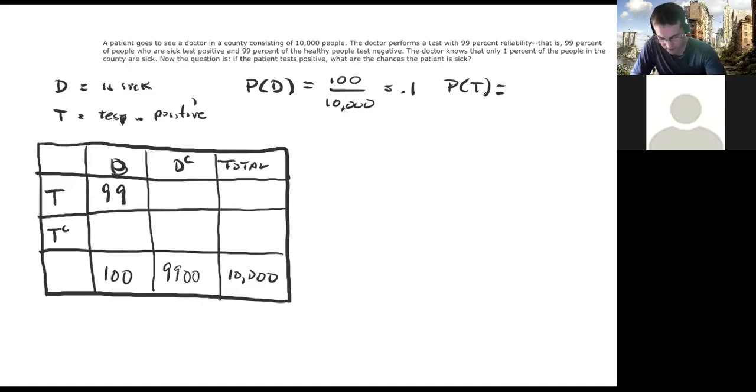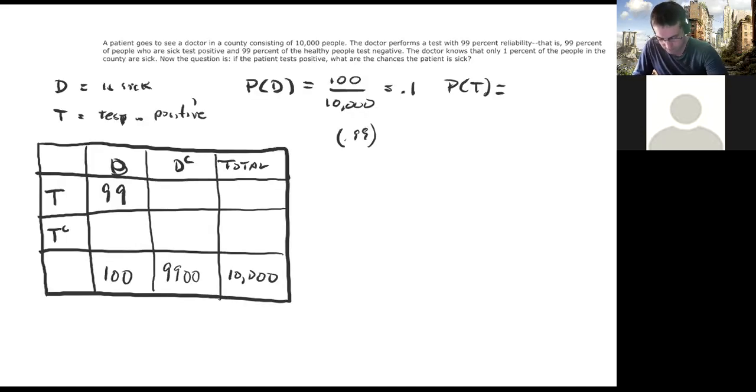So what is 0.99 times 9,900? That should give you 9,801. So we can put a 9,801 here. That comes from the second sentence of the question.